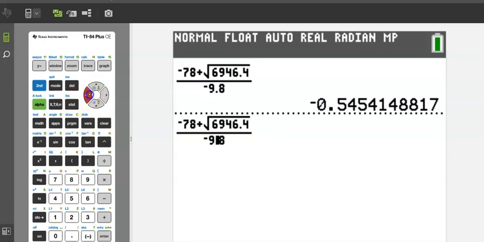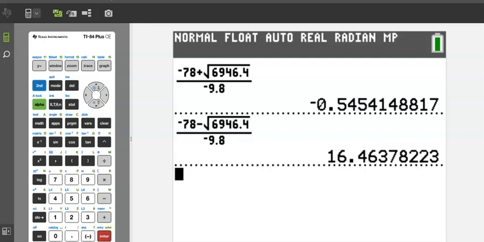And then all you need to do is scroll in to that sign and hit minus. And now you're ready to get your second answer. Hit enter. Round to 2 decimal places. What do you get? 16.46 seconds.